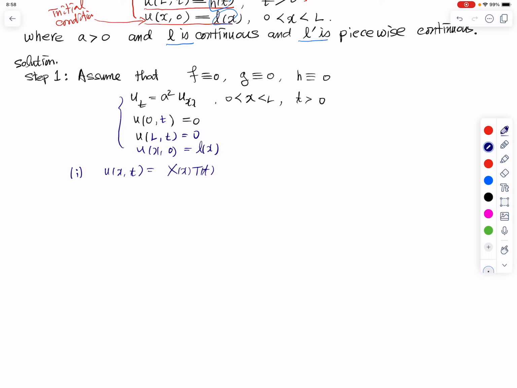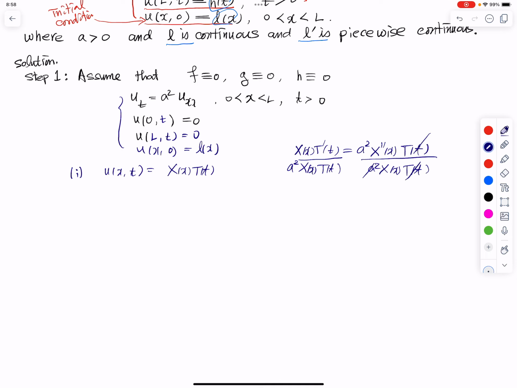You plug it in: X(x)T'(t) equals a squared X''(x)T(t), and then you divide by a squared X T. The constant should be lambda.